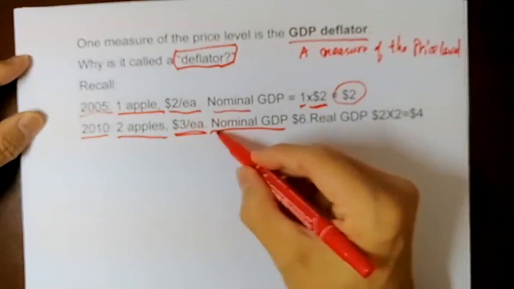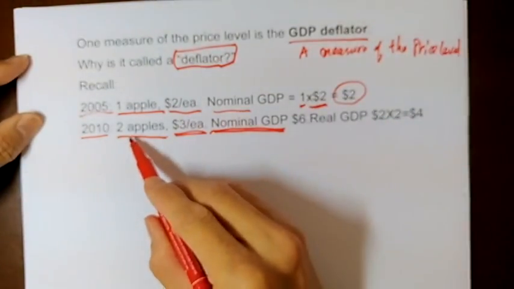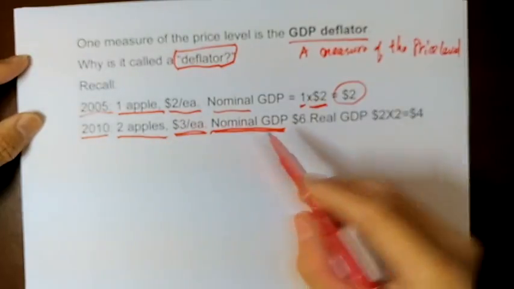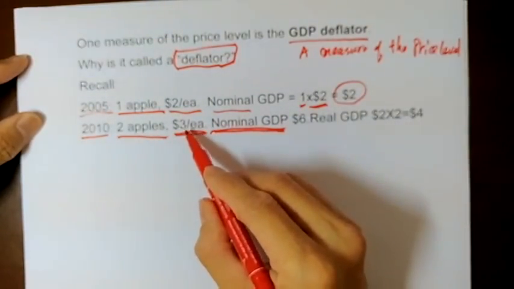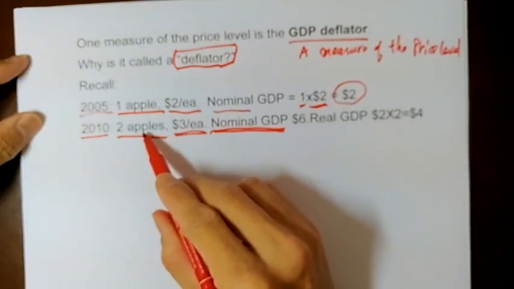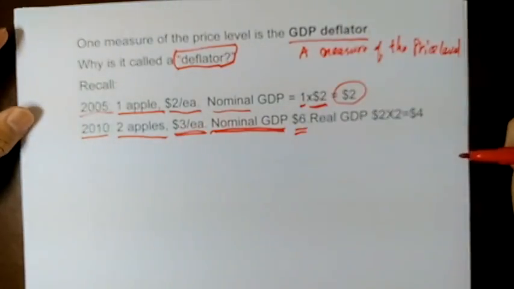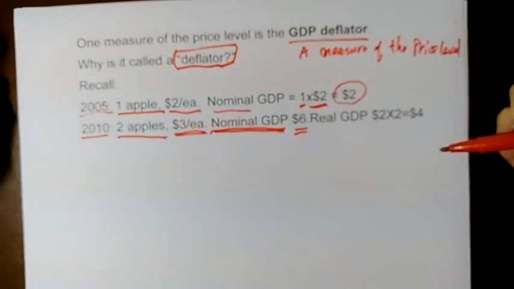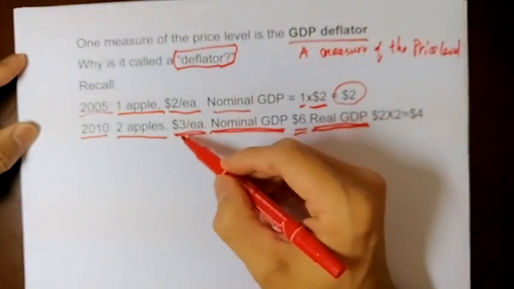Now the nominal GDP is the market value of these 2 apples. Since the price of an apple is $3 each, the total market value of these 2 apples is 2 times $3, so it's $6. Now remember how we calculate real GDP? We fix the price.